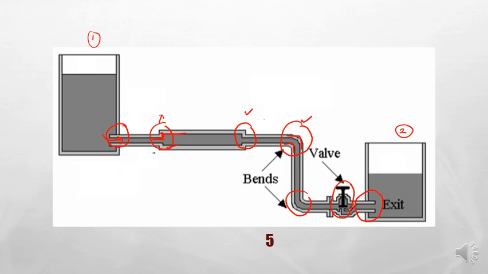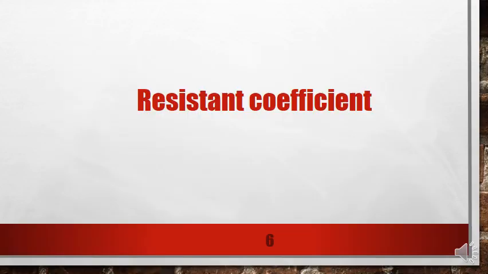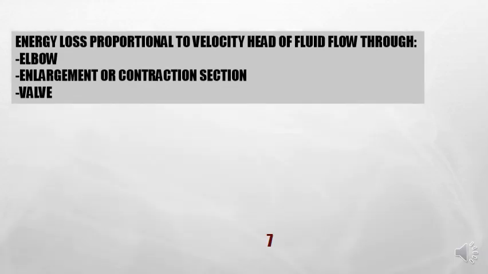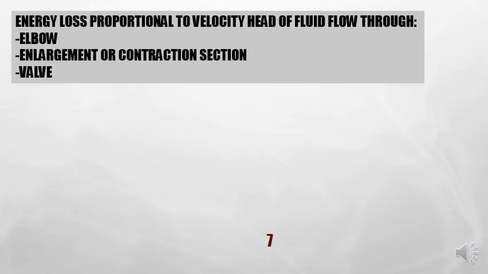The examples of losses that occur in a fluid flow system. So, what is the resistance coefficient? Energy loss is actually proportional to the velocity head of the fluid flowing through an elbow, an enlargement or contraction section, or a valve.